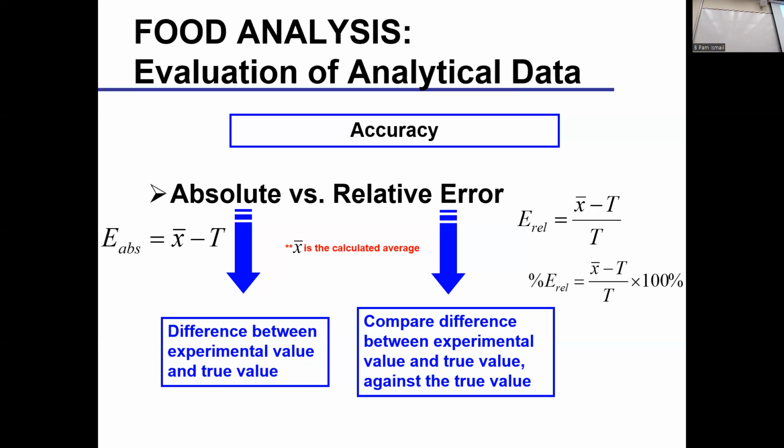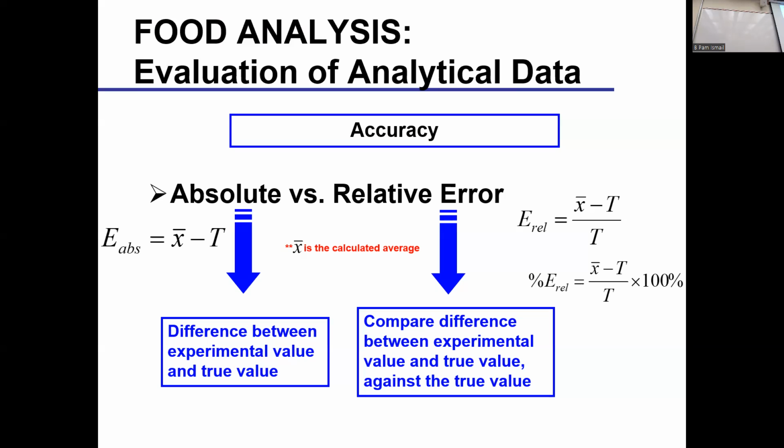There is the relative error, which is the difference relative to the true value. And usually to assess accuracy, we calculate percent relative error. So basically the relative error multiplied by 100 gives you a percentage.